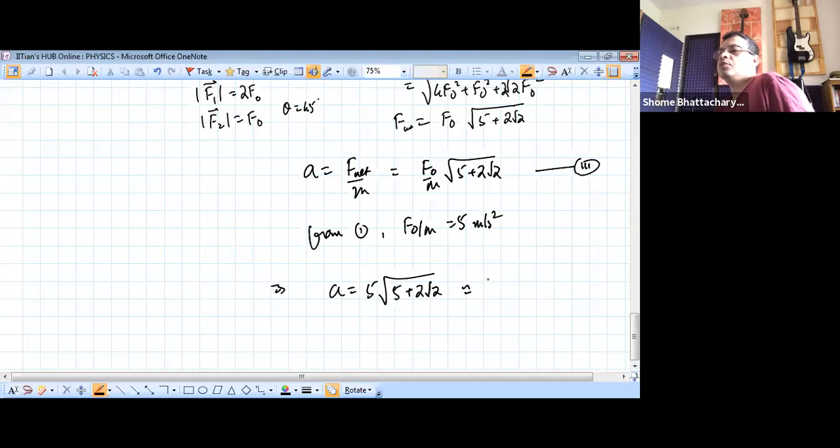So that is approximately 5 into square root of 5 plus 2 into 1.4. This is 2.8, so this will become 7.8. So when you work this out, this will come out approximately 13.96 or 14 meters per second squared.